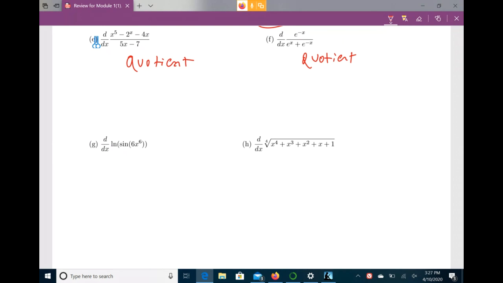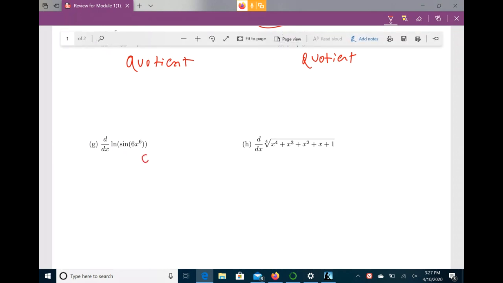Good, the chain rule in both of them, really. In particular in G, there's three functions, right? The outermost function is the natural log, the middle function is sine, and the innermost function is this 6x to the 6th power. Chain.